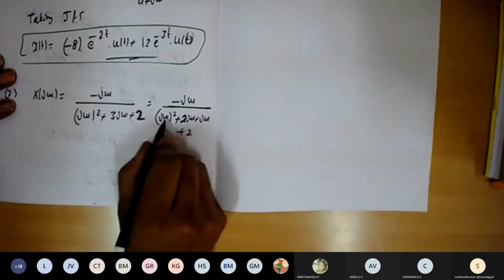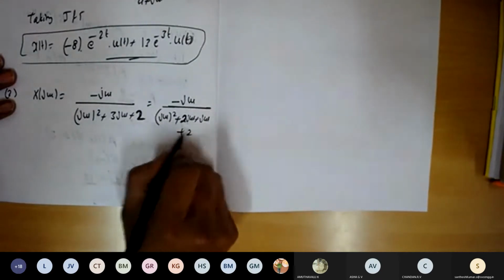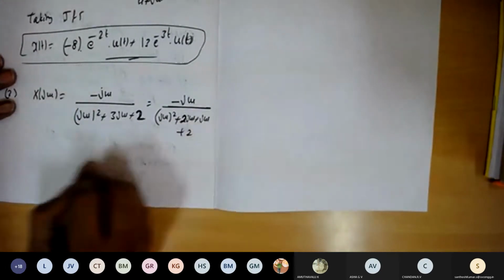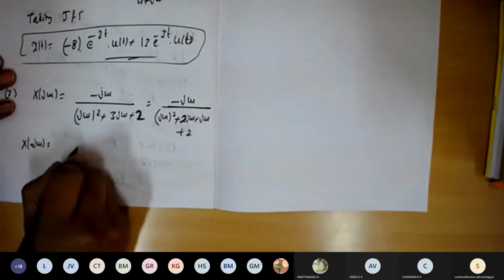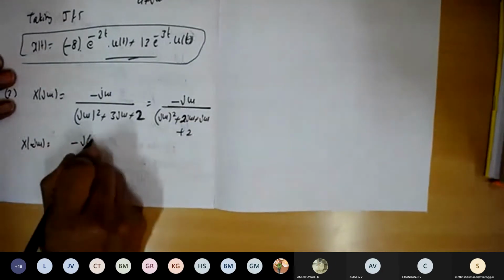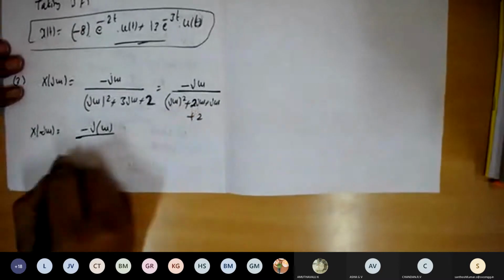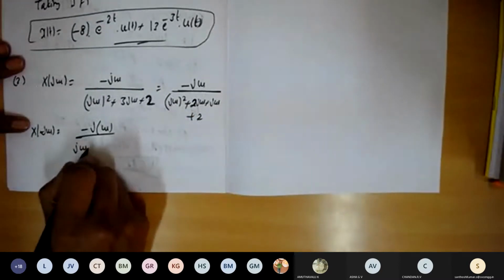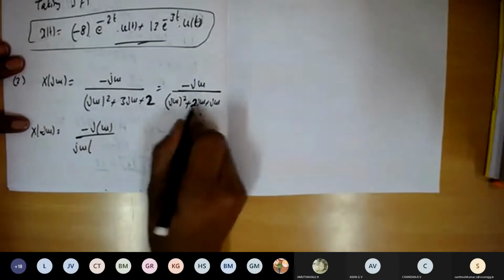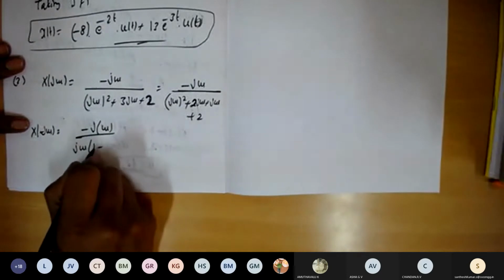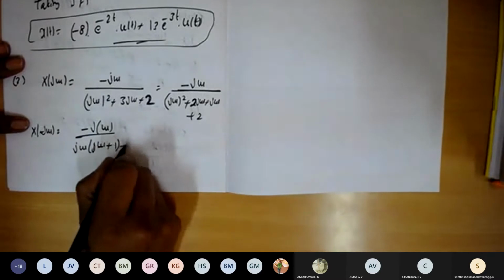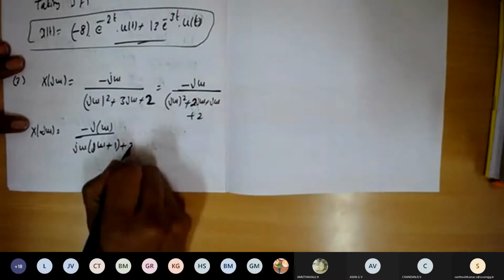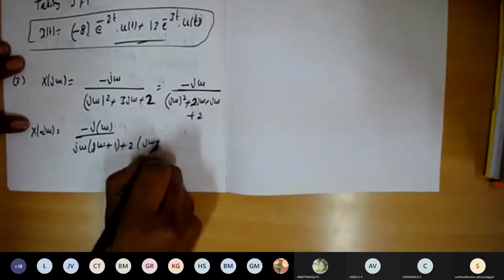So you can combine 2 here and j omega here. So this can be expressed as j omega, and we can take 2 common, in terms of the product of the sums. If I take j omega common, the remaining term is j omega plus 1, and if I take 2 common here, it is j omega plus 1.